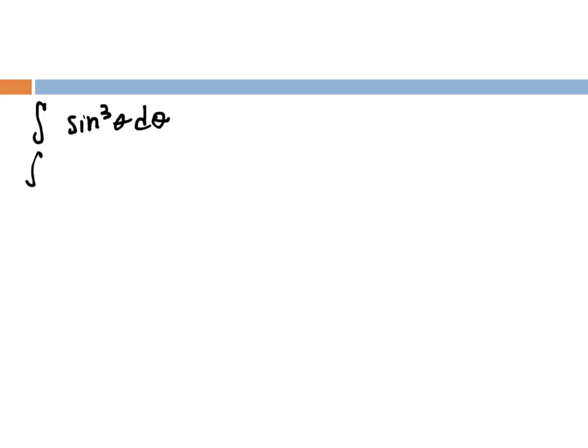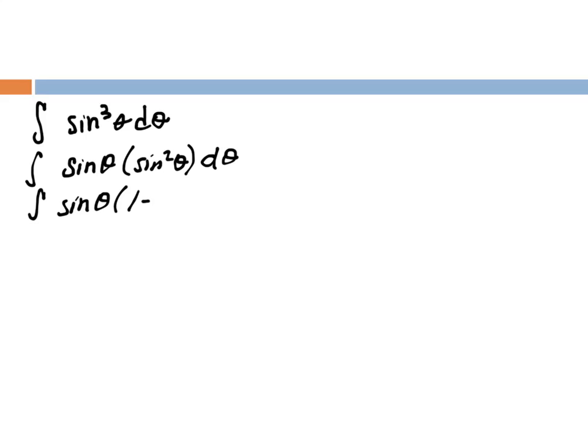Okay, so what you mentioned, Caleb, is exactly right. We're going to separate it as sine of theta and sine squared of theta. Sine squared of theta has a trig identity that we can use. What will it equal? 1 minus cosine squared of theta.